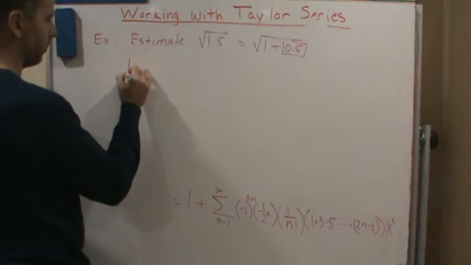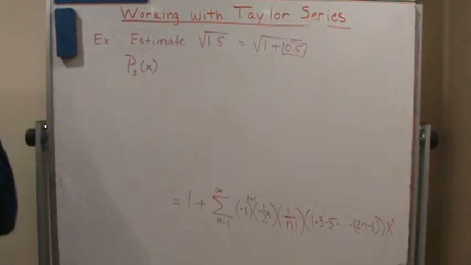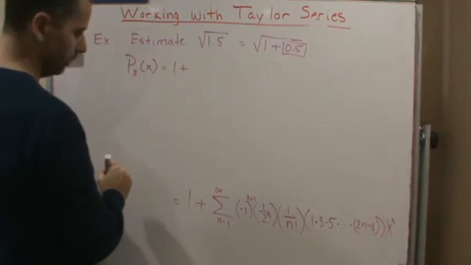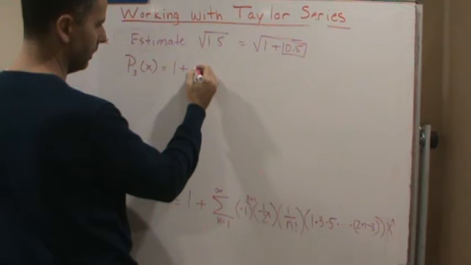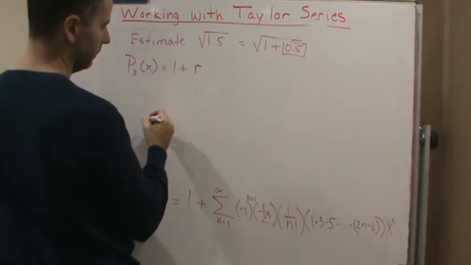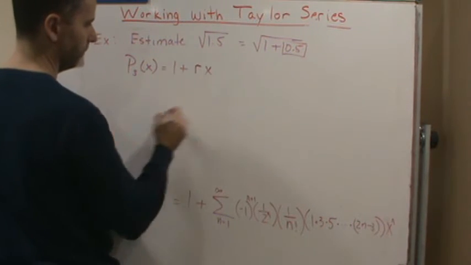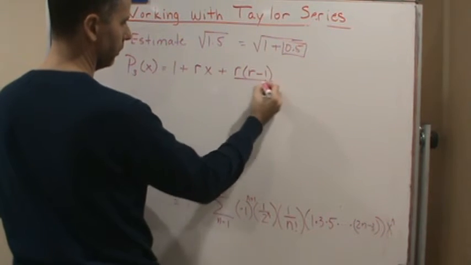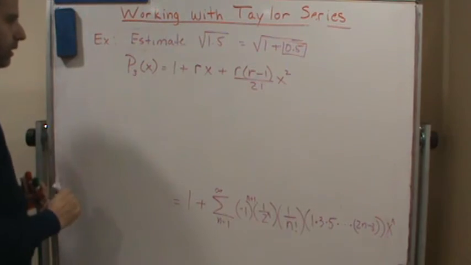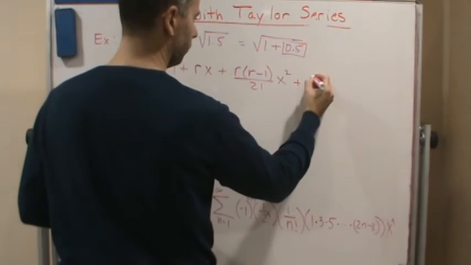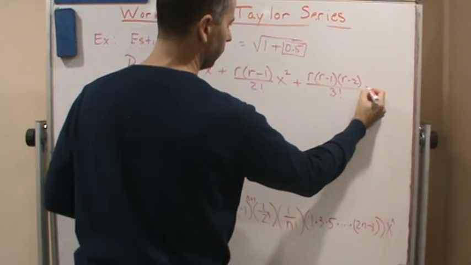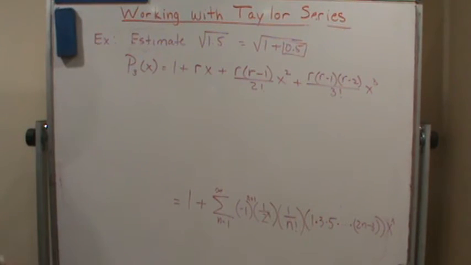And so we could use P sub 3 of x, which means that this is going to equal 1 plus r times x plus r times r minus 1 over 2 factorial times x squared plus r times r minus 1 times r minus 2 over 3 factorial times x to the third. But in this case, x is 0.5.